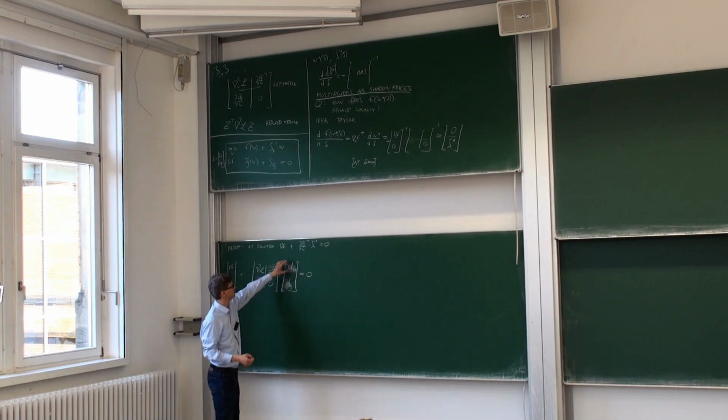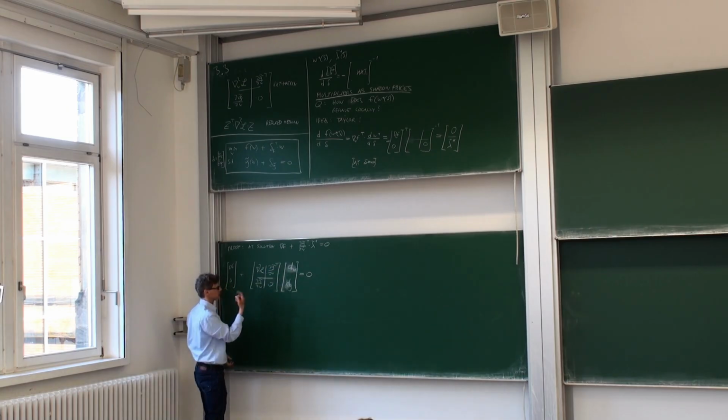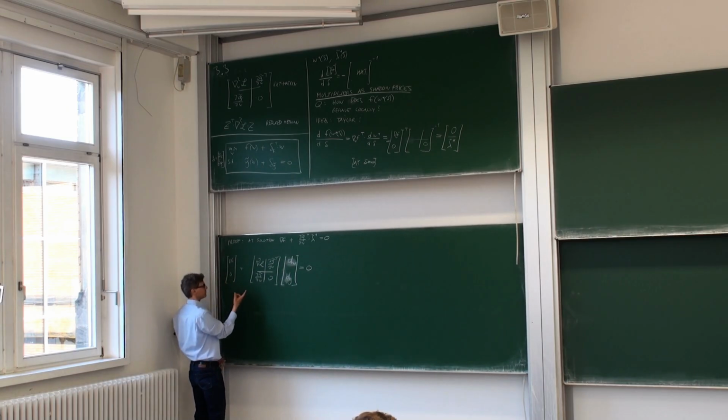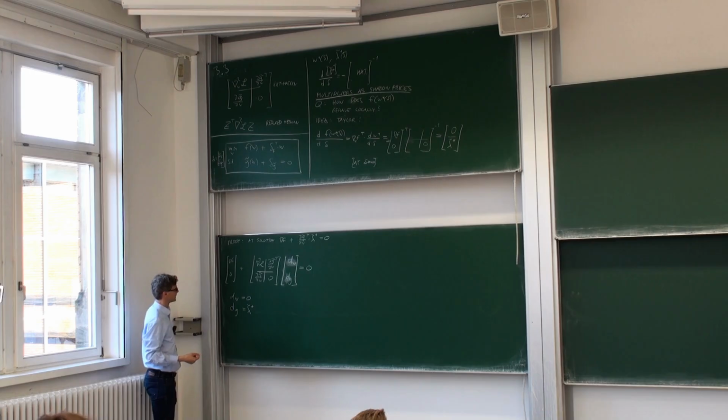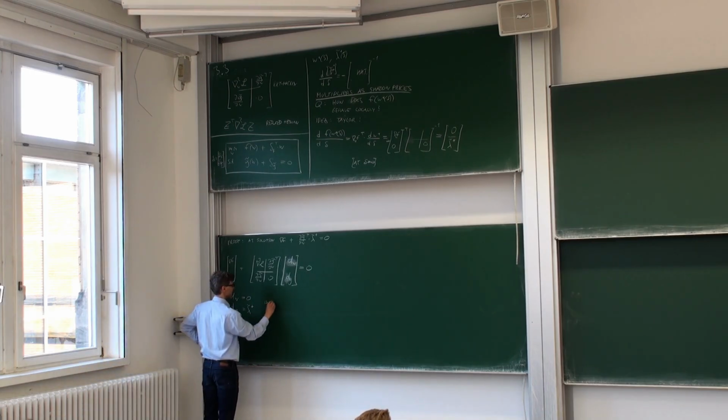Okay, and so these two components, what I want to show is now very easy. dW equals 0 and dG equals lambda tilde star. We can check if that is a solution. And it is a solution. Why?